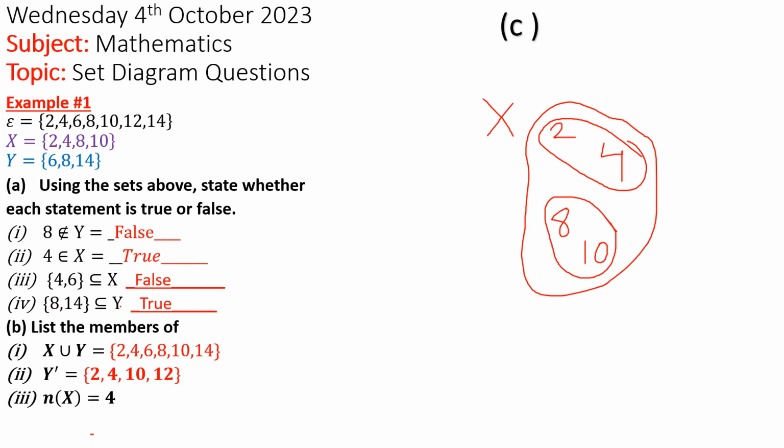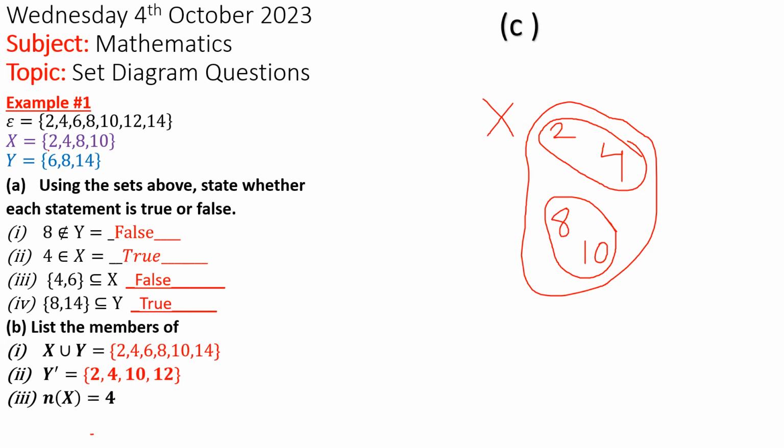Yes, sir. Why? Because both of the numbers are elements of Y. Very good. Now, this one says X union Y, right? What is the union? Union means combine.